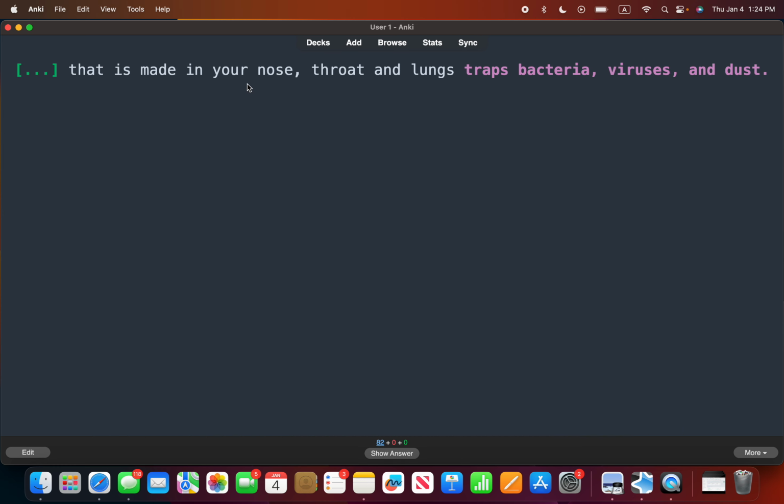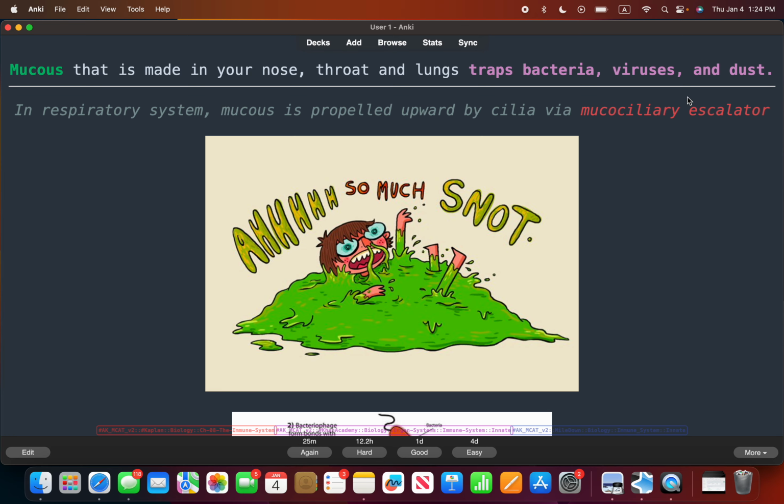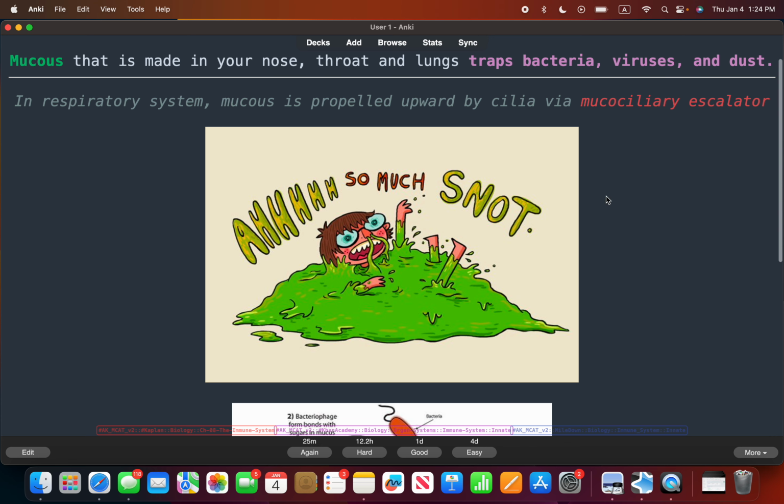Mucus that is made in your nose, throat, and lungs traps bacteria, viruses, and dust. In the respiratory system, mucus is propelled upward by cilia via the mucociliary escalator.